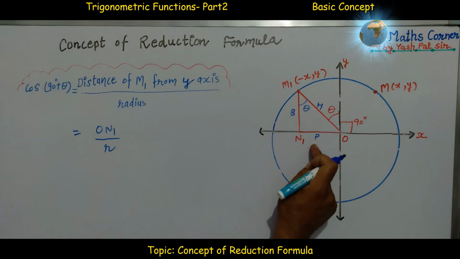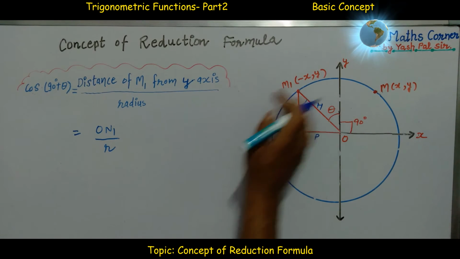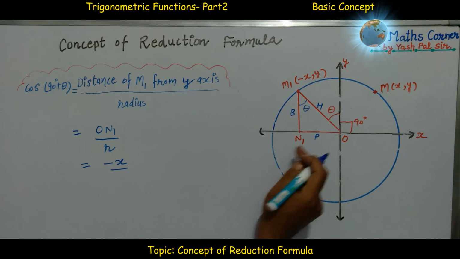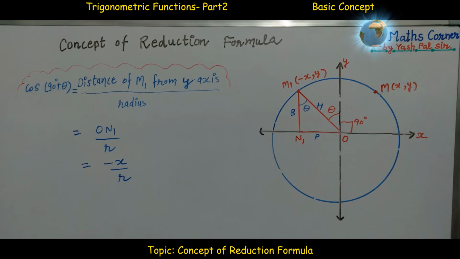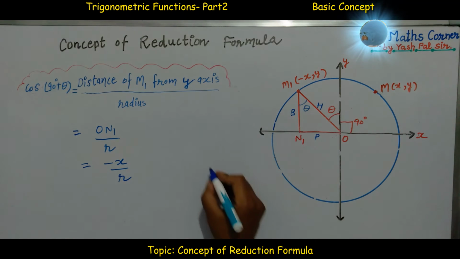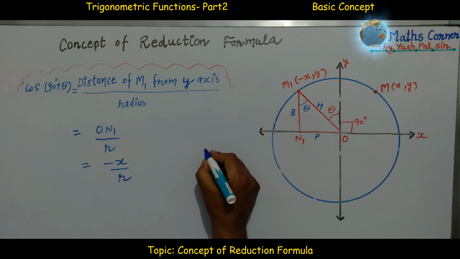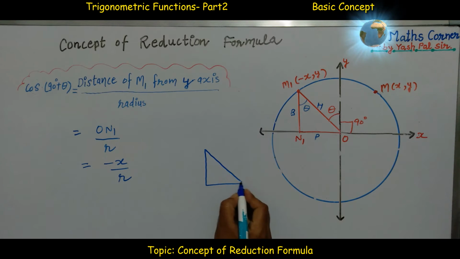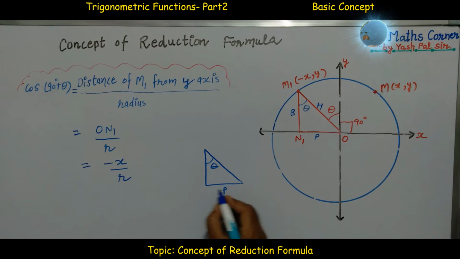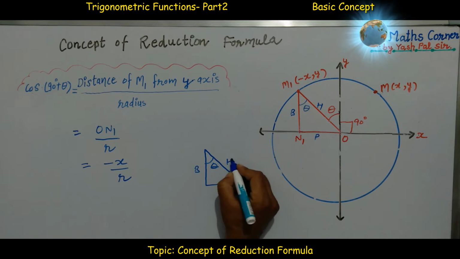What is ON1? This is minus x, divided by r. Taking just this right angled triangle with angle theta, this is perpendicular, this is base, this is hypotenuse.